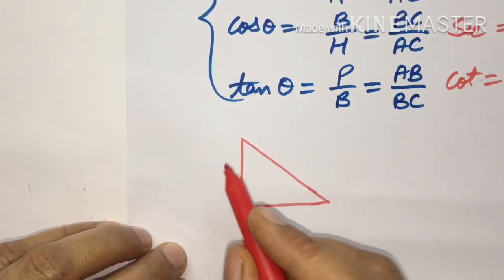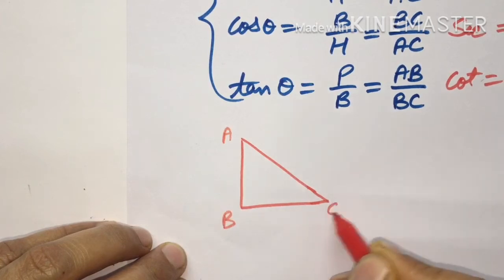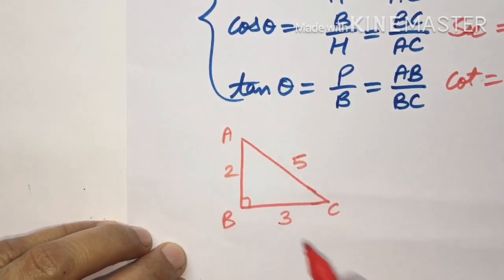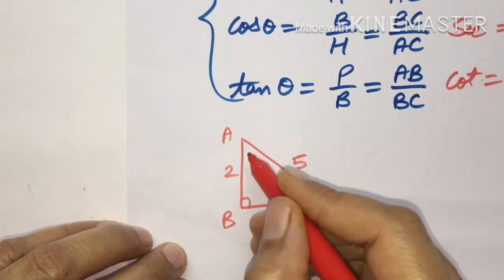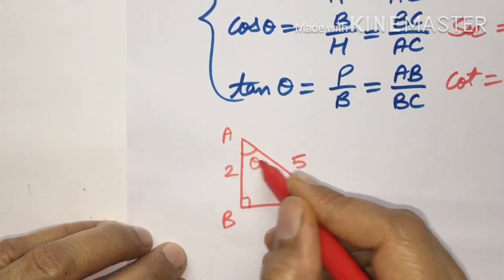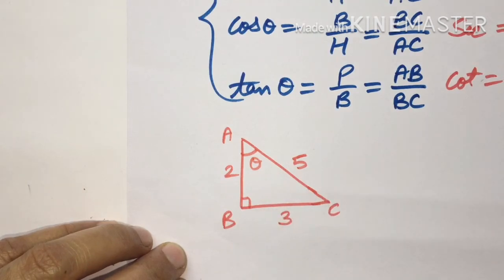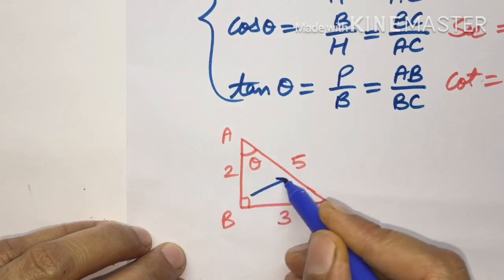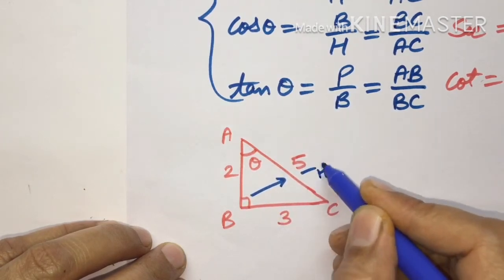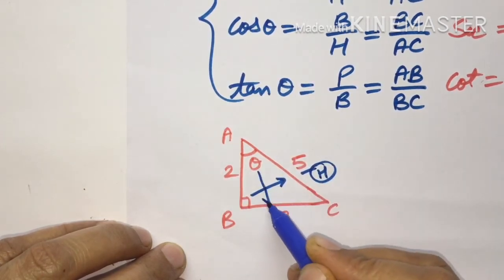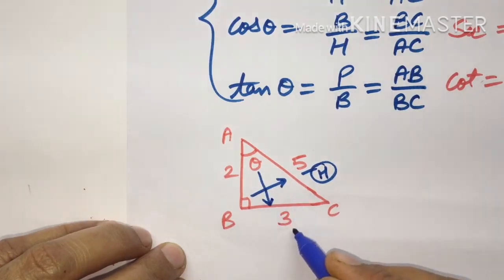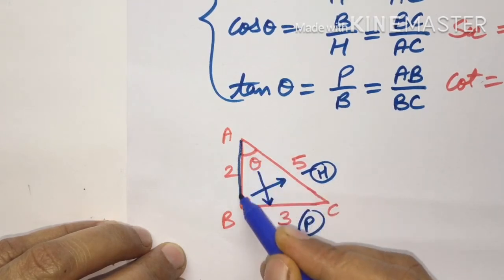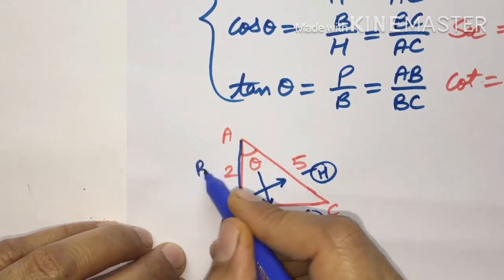So let's see with the help of triangle ABC. If the sides are 5, 2 and 3 in length, and I take this angle A as theta, let's see which is perpendicular, base and hypotenuse. Opposite of 90 degrees is the hypotenuse. Opposite of our reference angle theta is 3, so this side is perpendicular, and the side along with the reference angle is base.